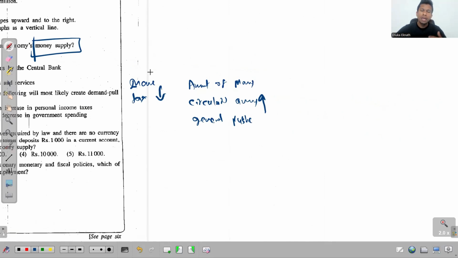Even people will deposit more and more money in commercial banks. So bank deposits will also increase if income tax rate is decreased.